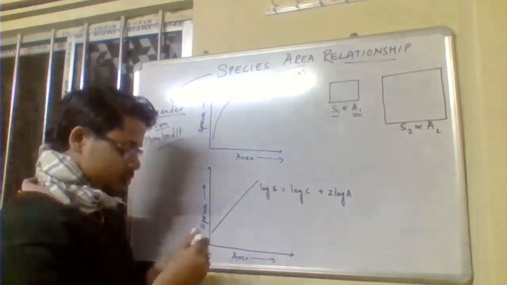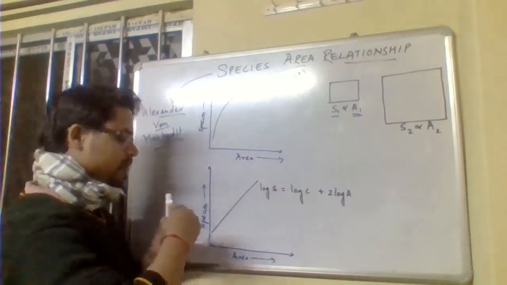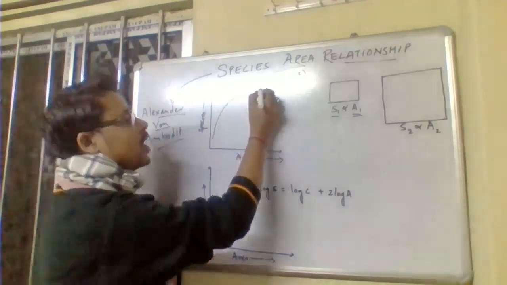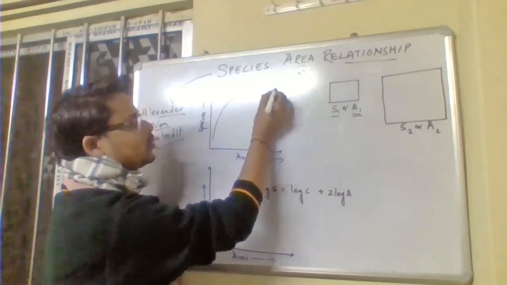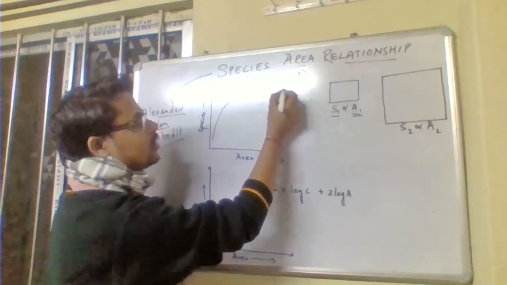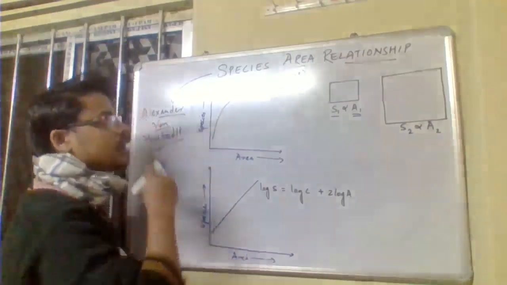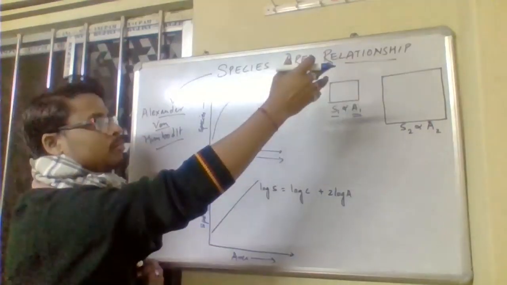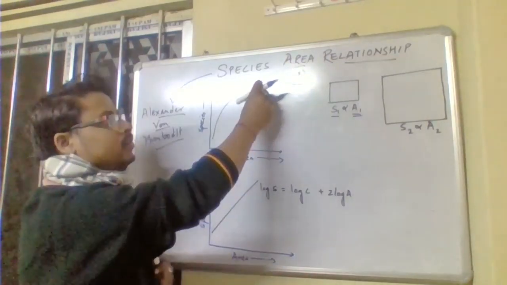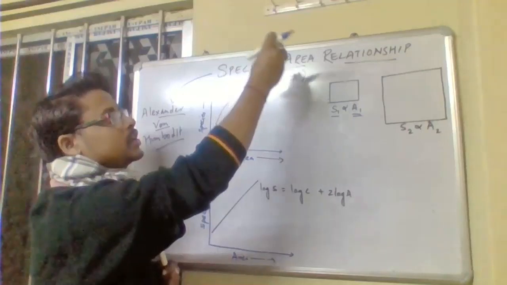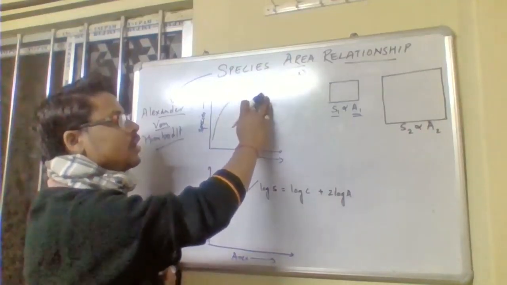But here, one thing happens. After this point, we will obtain a straight line. Why? Because as the area increases, there is a limitation on the species increasing, and this is the limitation up to this point.